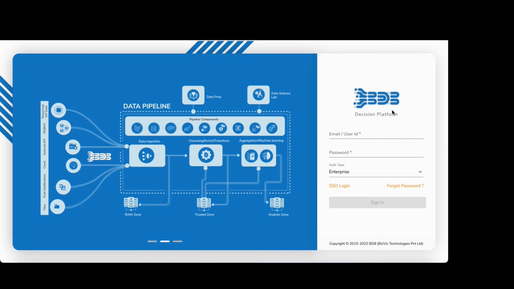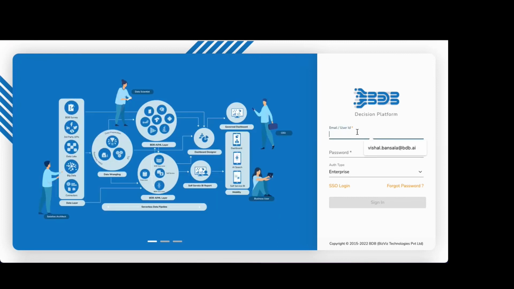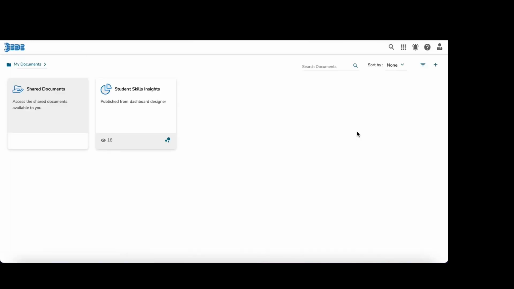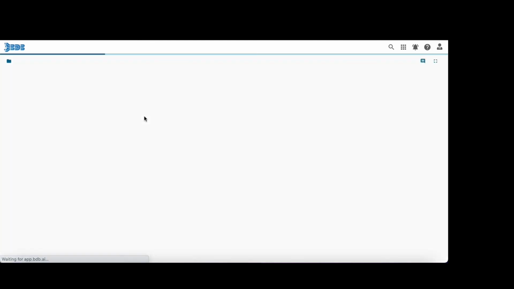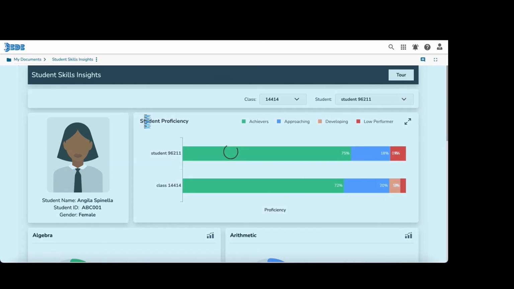Okay, so let me try to log in. I've logged into this particular teacher. If I open this dashboard, you can see the classes which are assigned to only this particular teacher. These are the two classes assigned, and only students of these classes will be available.